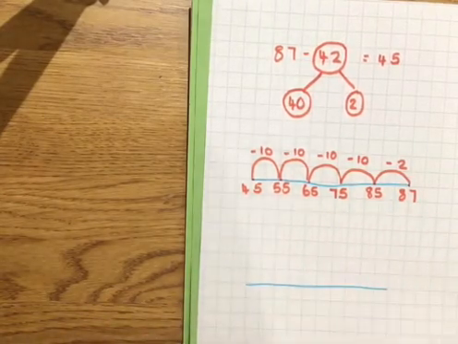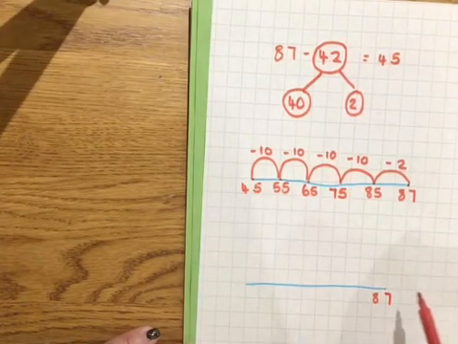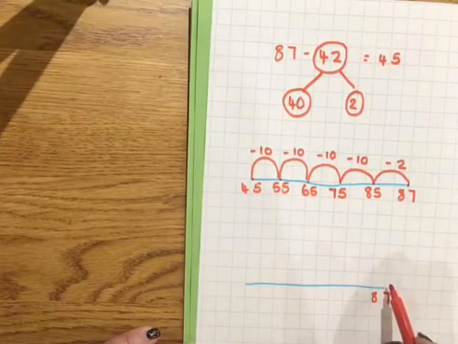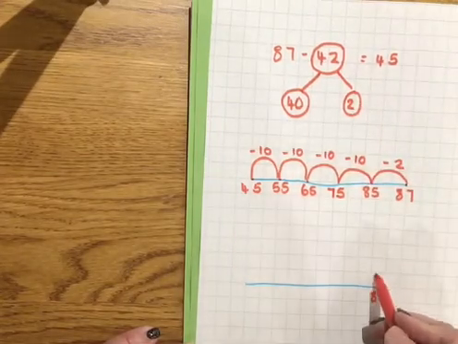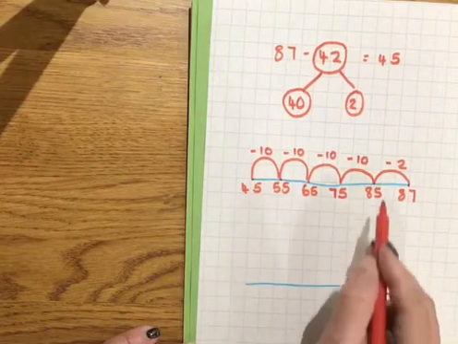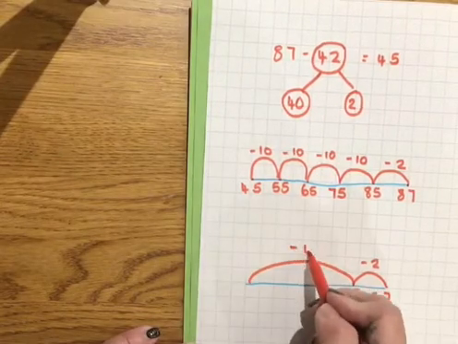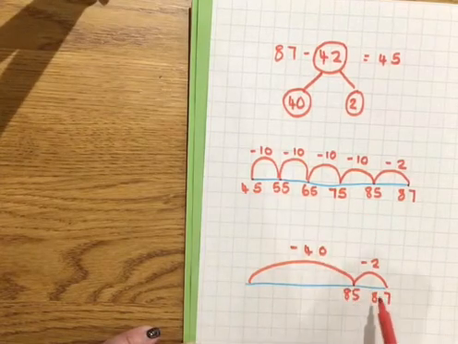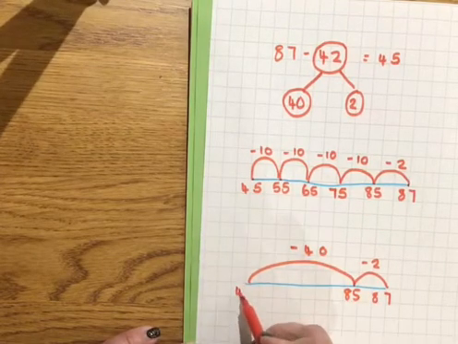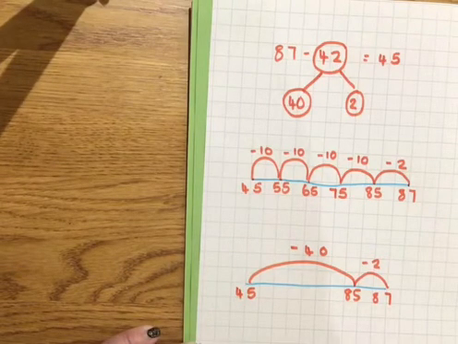So remember, I put 87 at the end of my number line, and then I jump back my 2 ones, take away 2, that gets me to 85, and then I make 1 jump of 40. 85 take away 40 gets me to 45, and I will get the same result whichever way I do it.